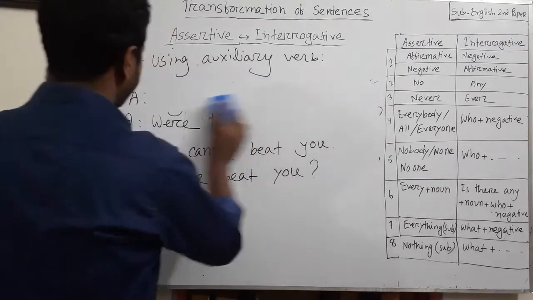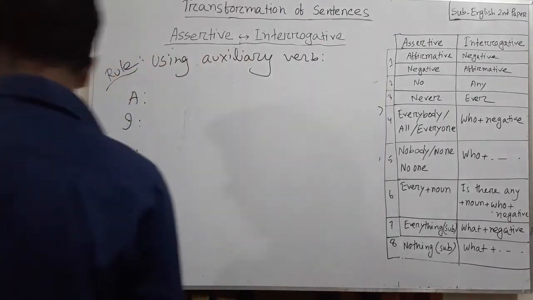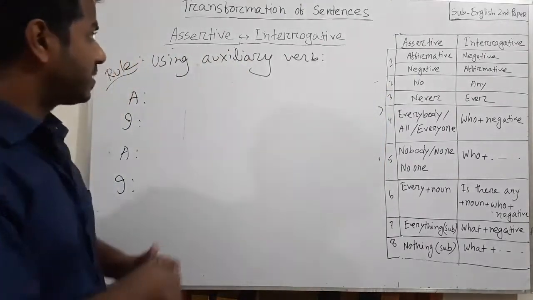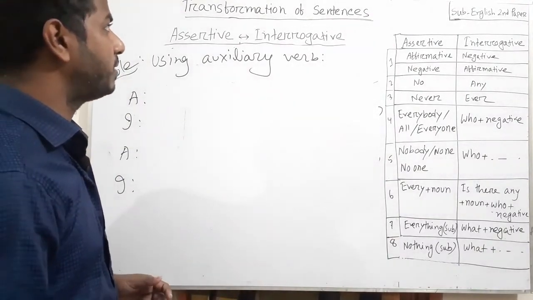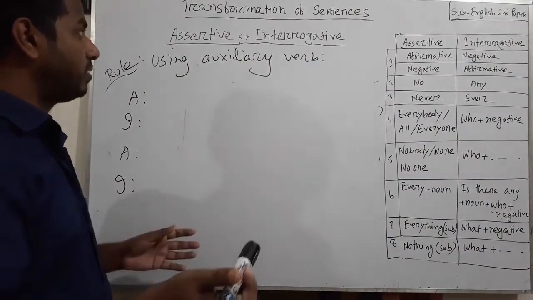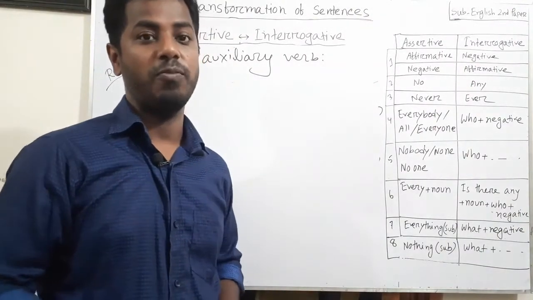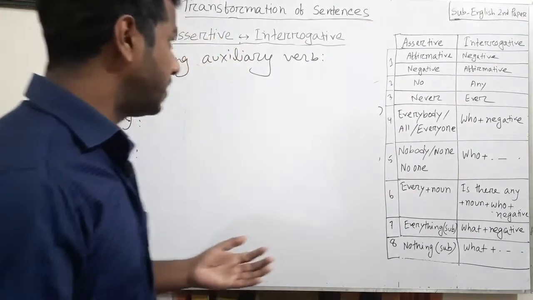Okay, so if there is no auxiliary verb in assertive sentence, how can we make the assertive sentence into interrogative sentence? Okay, I said when I discussed affirmative to negative that if there is no auxiliary verb in affirmative sentence, there will be do, does, did according to tense as auxiliary verb.